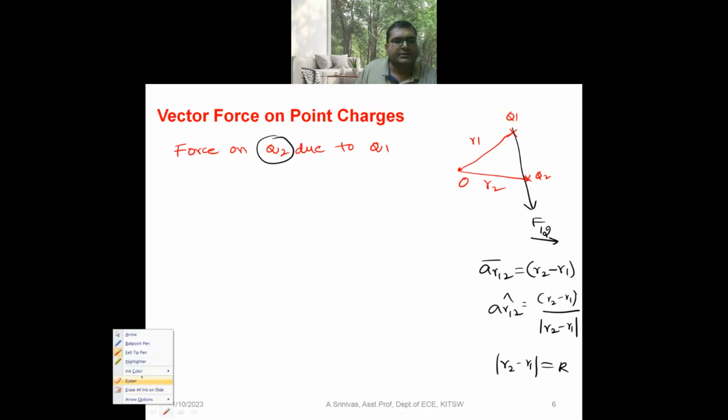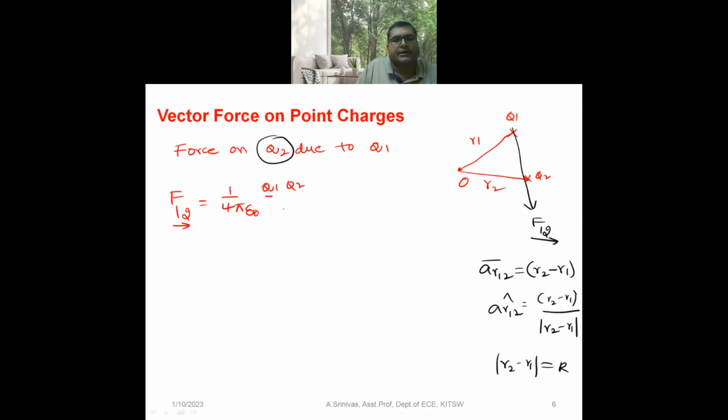Now let us write the equation for force. Force on Q2 due to Q1 is equal to 1 by 4 pi epsilon naught Q1 Q2 by R square AR12 cap, or you can write 1 by 4 pi epsilon naught Q1 Q2 by R cube AR12 bar.